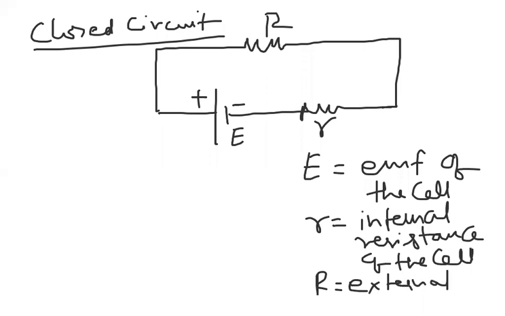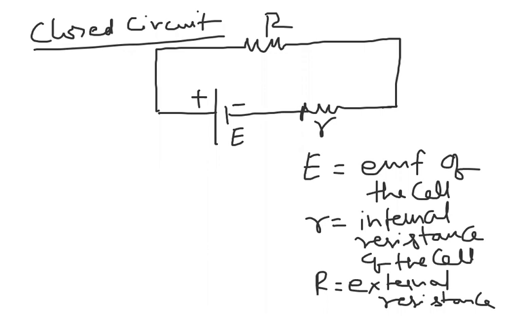So what will happen whenever a cell is connected, and what is this E? In simple language, we can also call it potential difference. But exactly, potential difference means current into external resistance, we used to say.